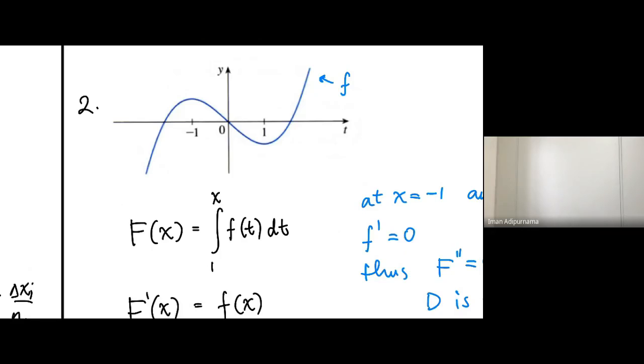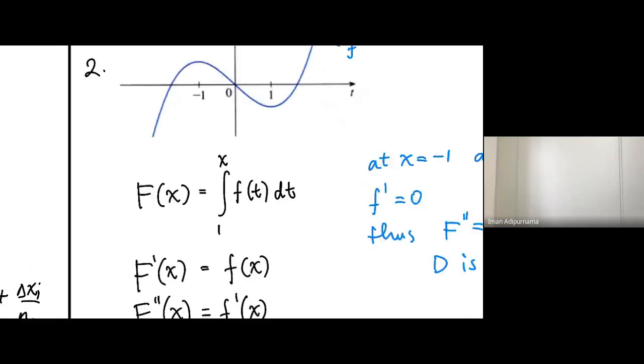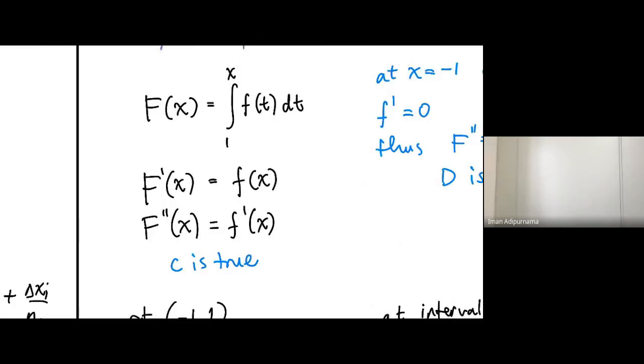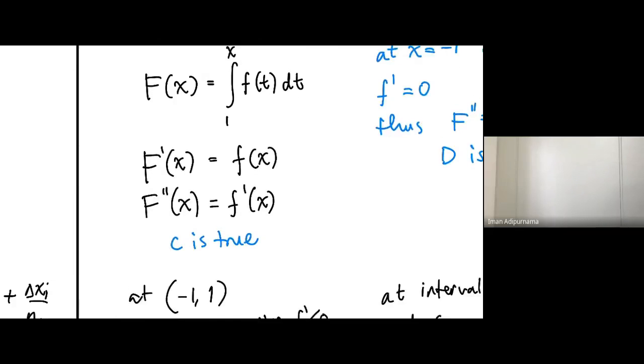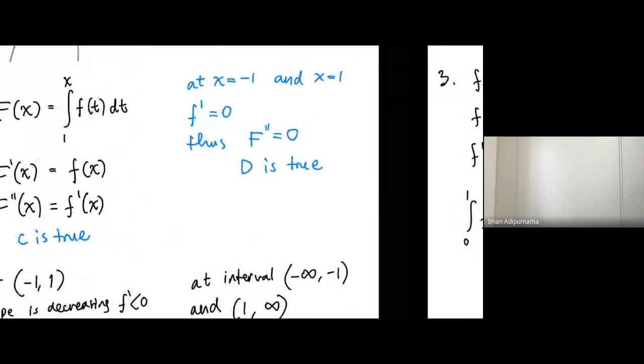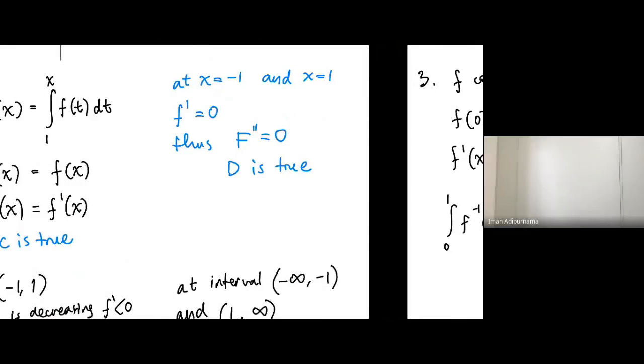We can use the fundamental theorem of calculus to define the first derivative, which means the big F prime is the small f, and the second derivative is the first derivative of small f. So C is true. We can also see that at x equals 1 and x equals negative 1, the small f prime is 0. So based on our conclusion, the F double prime is 0. Okay, so D is true.